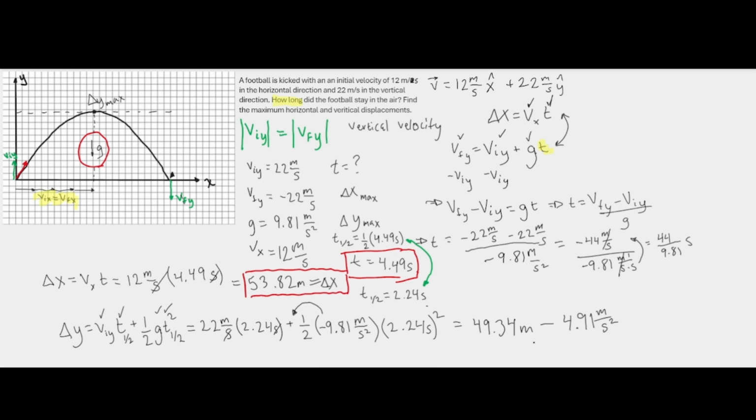And then I'm going to square the last term, so it's 2.24 squared. This gets me 5.03, and I have to also square the seconds. So now I'm going to combine these last two terms. This 4.91 times 5.03, so we see a seconds in the denominator, a seconds in the numerator.